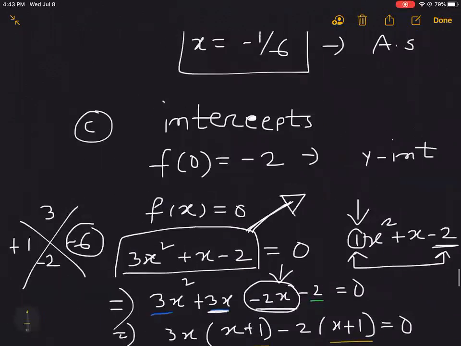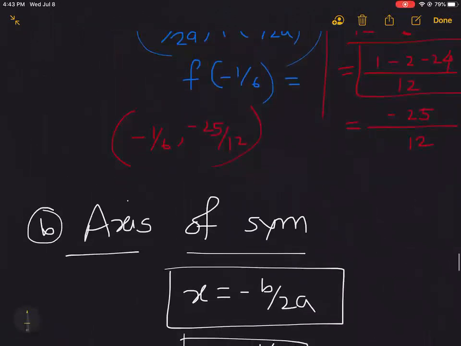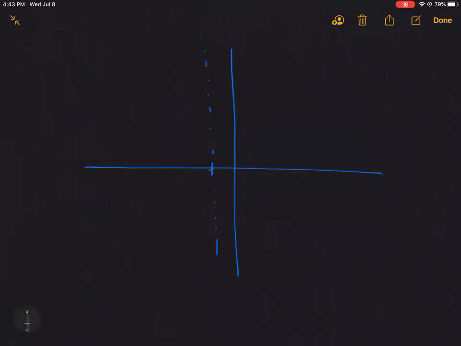Vertex is -1/6, -25/12. So -1/6 is here, and -25/12, that means it's slightly less than -2. So let's say that's my -1, that's my -2. It should be here, okay?